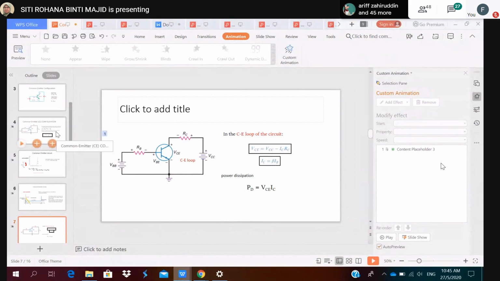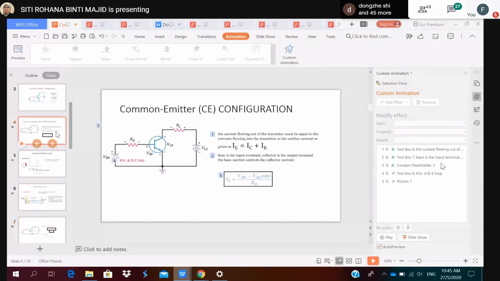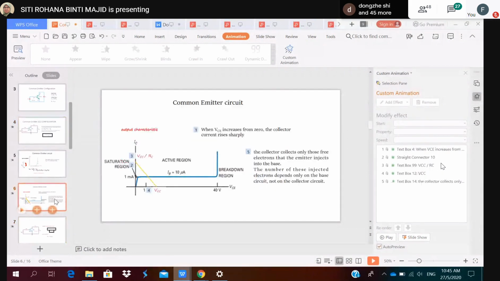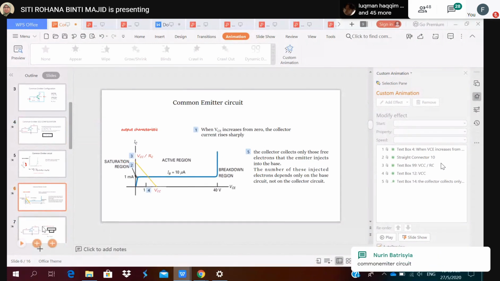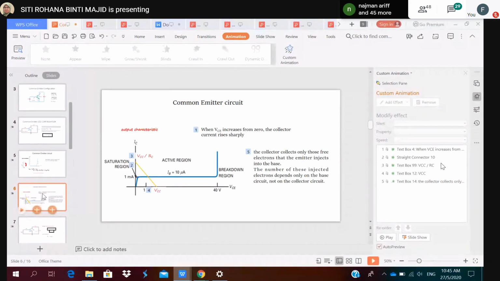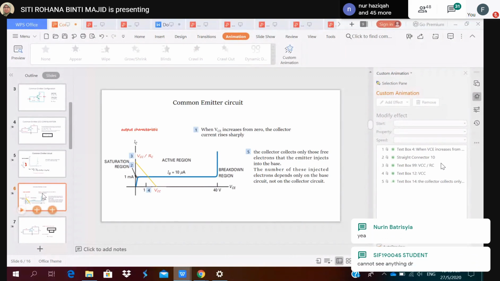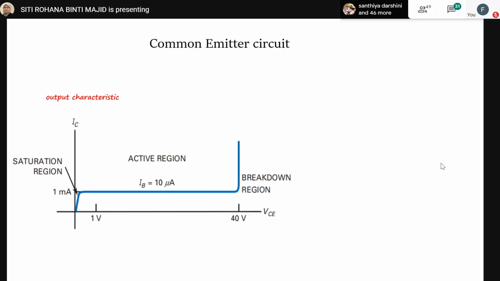So just now at which slide we stop? I mean you can't hear my voice. We explain. Is it this one? Which slide number can you common emitter circuit? This one. Is it slide 6? This one? Is it this one? Cannot see. Here.